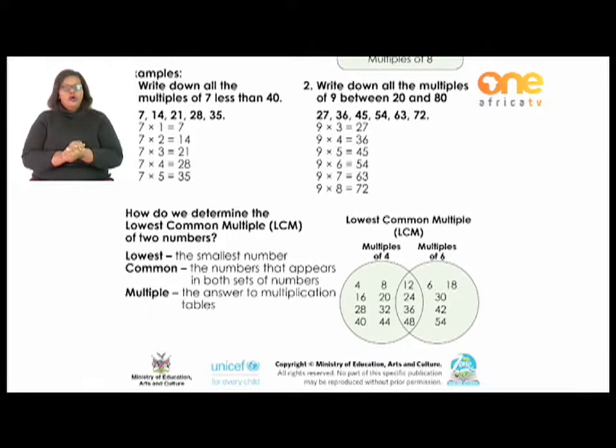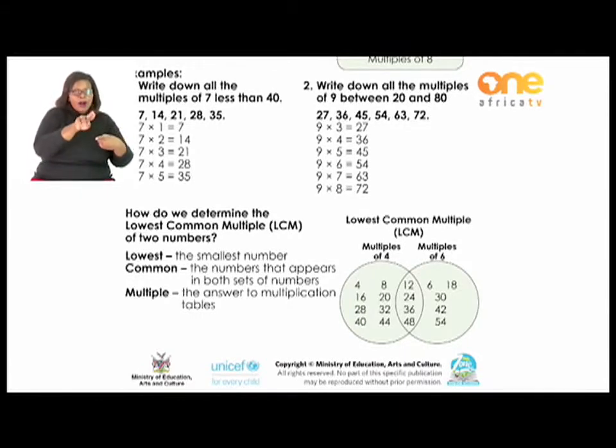Common means the numbers that appear in both sets of numbers. And multiple is the answer to a multiplication table.